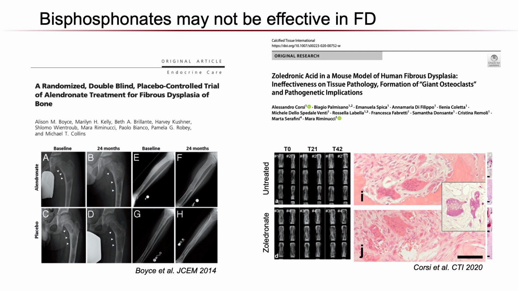And we've also demonstrated that in mouse, bisphosphonates are ineffective on the tissue pathology, but actually, in addition to this, treatment with bisphosphonate leads to the formation of giant osteoclasts that were observed not only in mice, but actually also in a biopsy from an FD patient that was treated with pamidronate. So we should pay attention to that also.